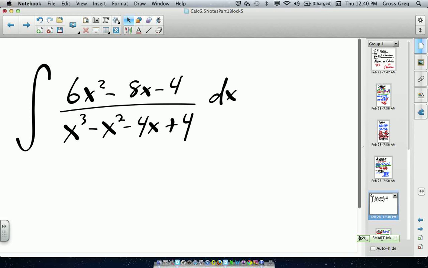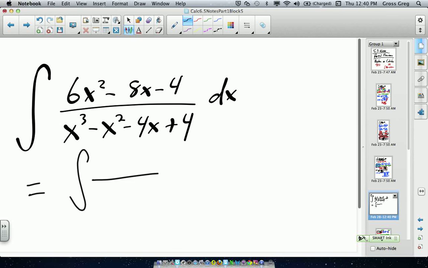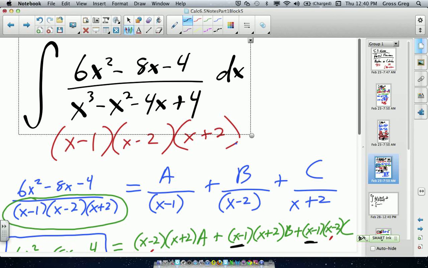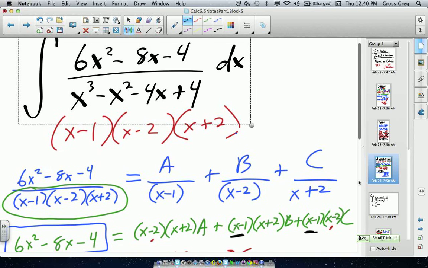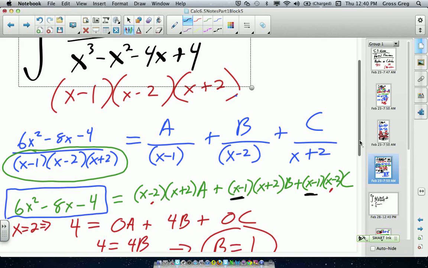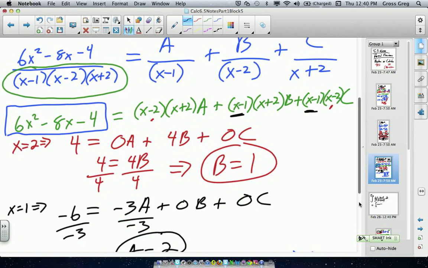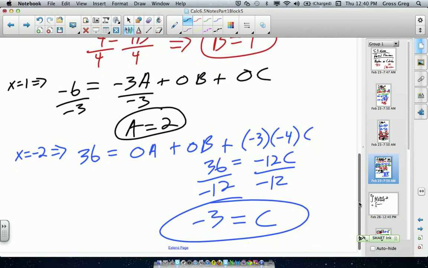So I'm going to rewrite this integral as the integral of, and I have to look back and see what a was. I apologize, it's scrolling so slowly. A is 2.